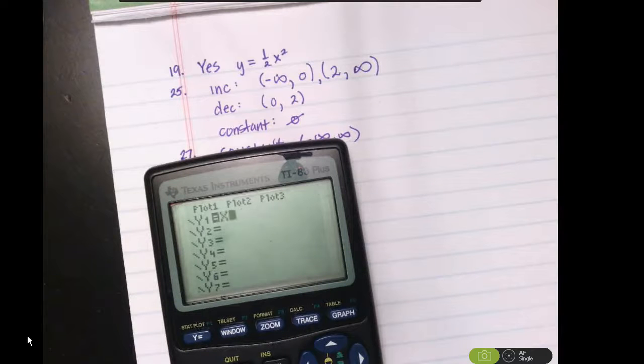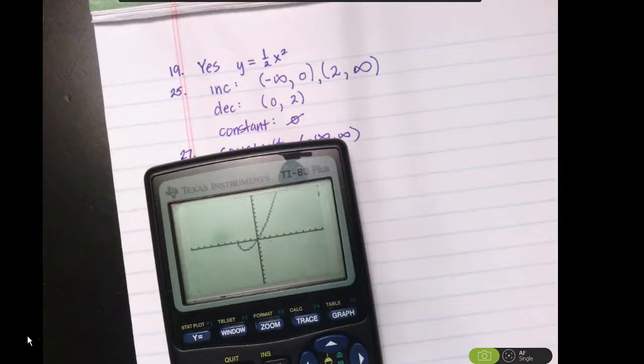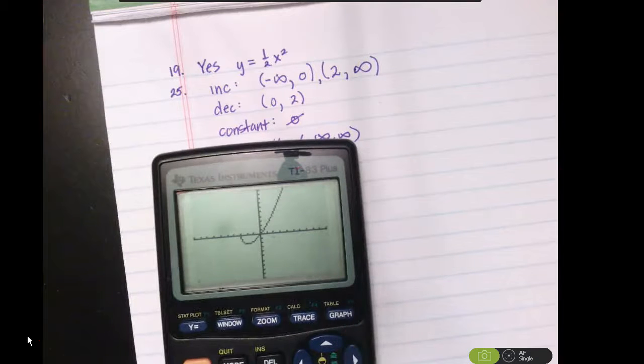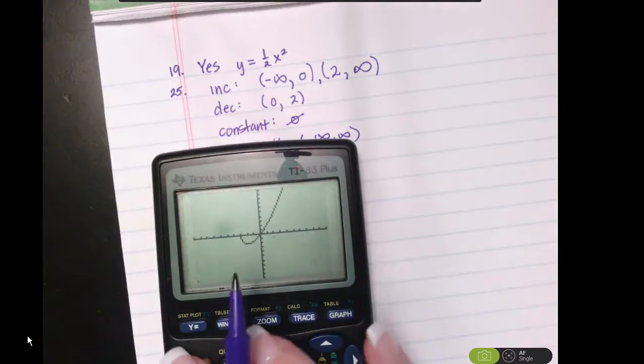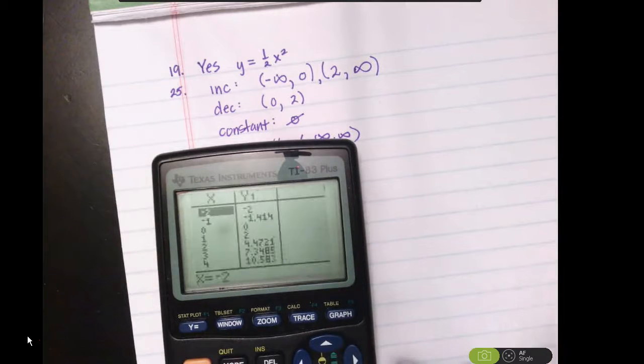And number 31, so I'm going to take x times the square root of x plus 3. Okay, so let me look at my table just to be sure.